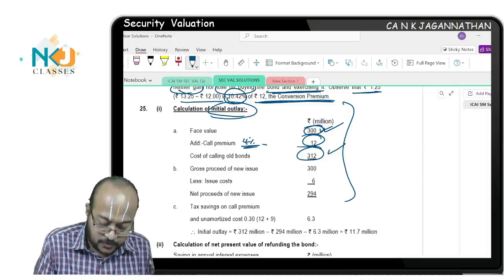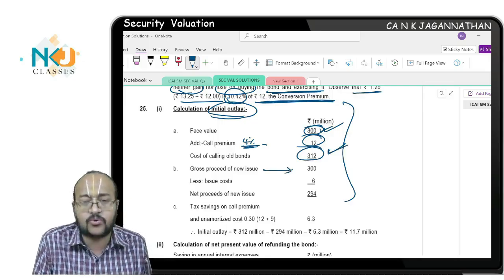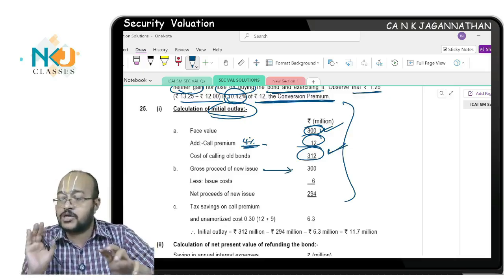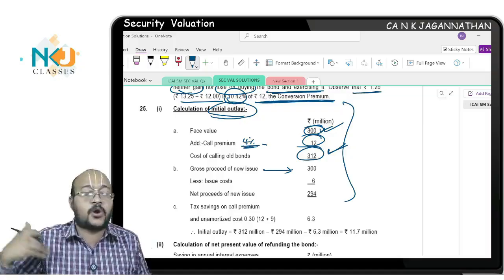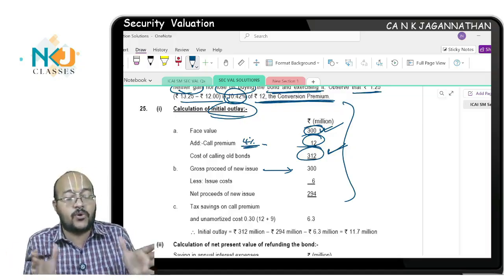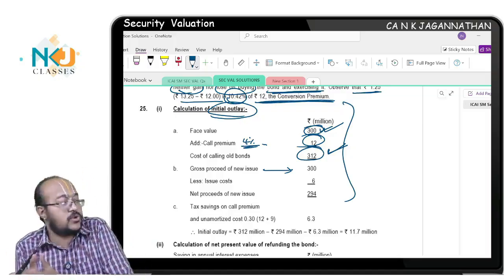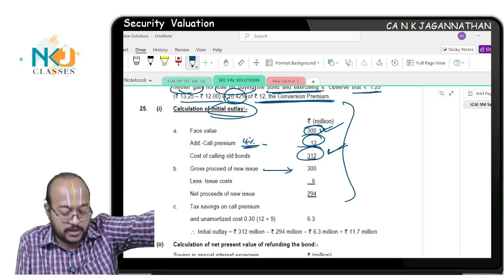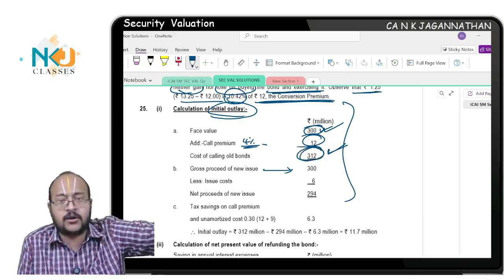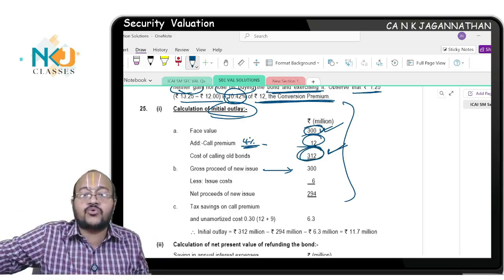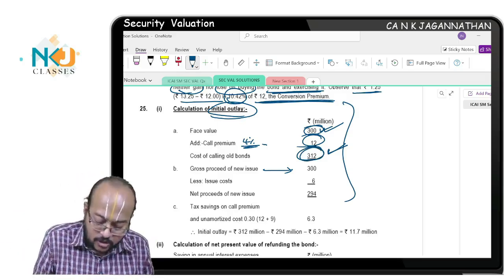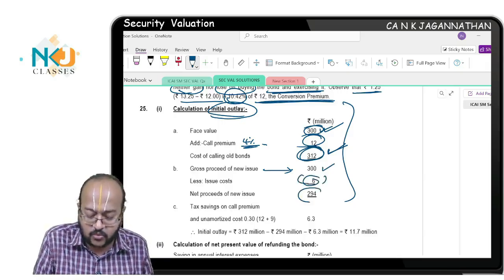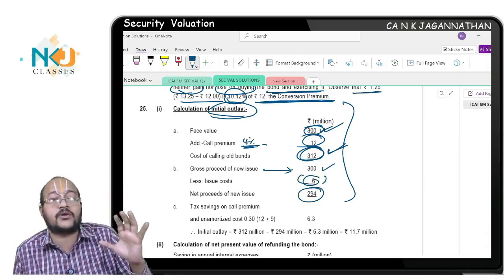Next, gross proceeds of new issues. This amount you will pay is your outflow, but apart from that you will issue new bonds, and the proceeds you receive will become your inflow. If you decide to replace the old bonds, you pay back the old bondholders 312 million with premium, and from the new issue you will receive gross proceeds of 300, but out of that 6 will be the issue cost, so I will receive 294 million.